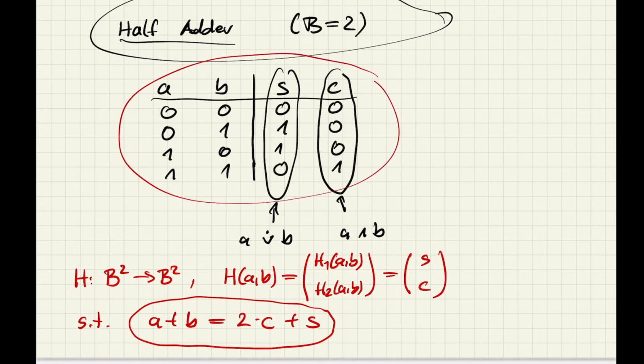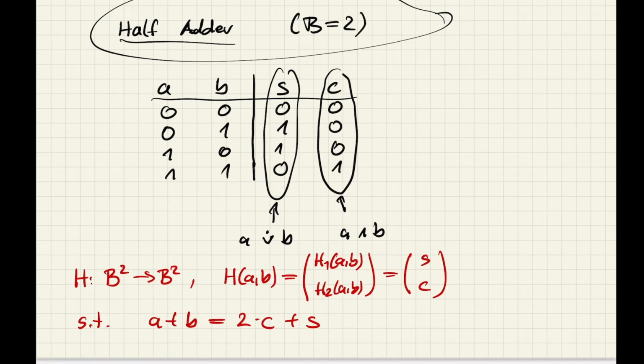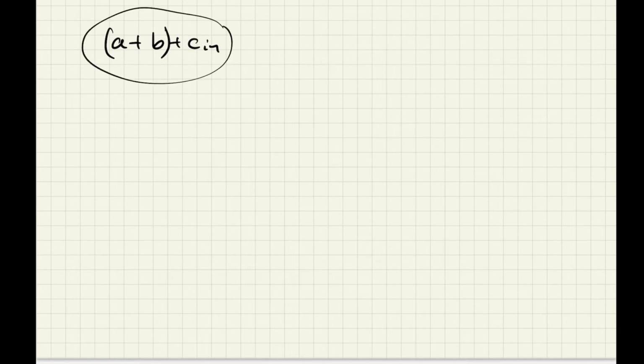We can describe Boolean functions with formulas or tables, both is possible. And now we can think about how to make use of this half adder. I mean, obviously we want to compute a plus b plus c in, maybe in a way that we first add a and b using a half adder and then use a second half adder to complete this computation.